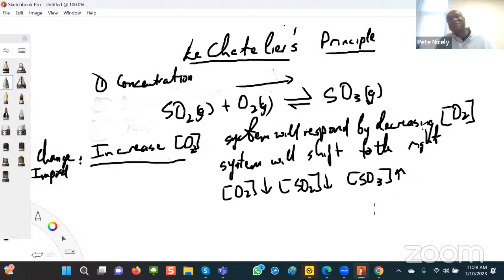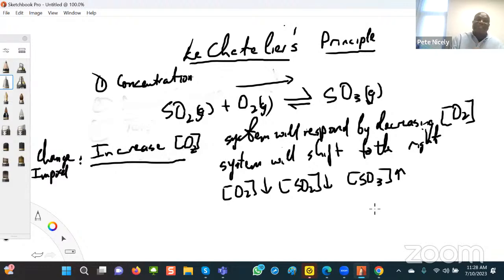So that's basically how the system will respond when you increase the concentration of O2. Just to recap, the change you're imposing is that you are increasing the concentration of O2. According to Le Chatelier's principle, the system will respond by doing the opposite of what you're trying to do. You're increasing the concentration of O2, so the system will respond by decreasing it.